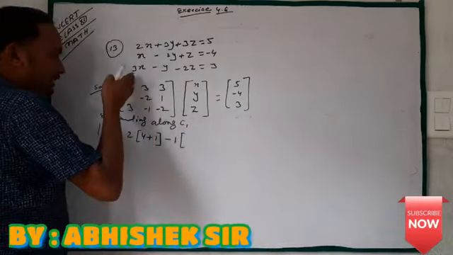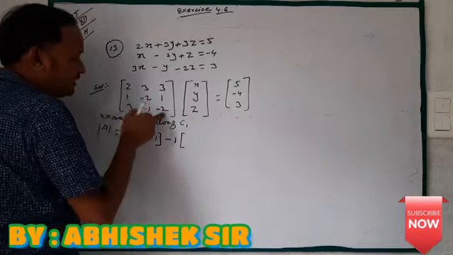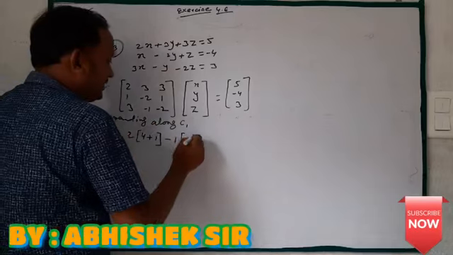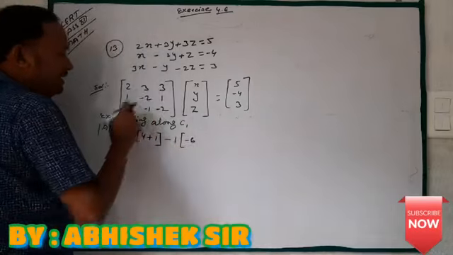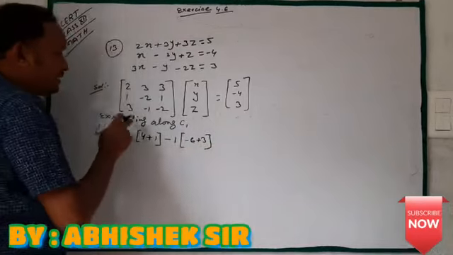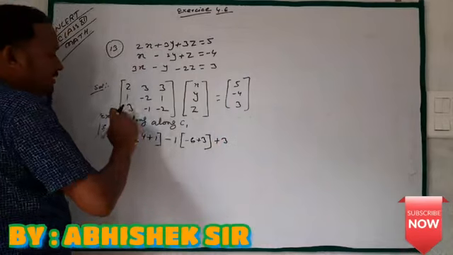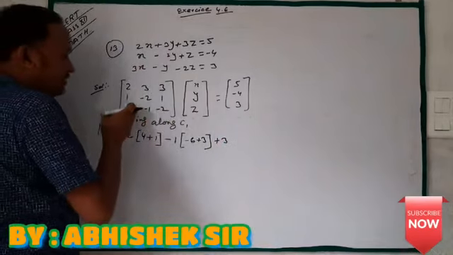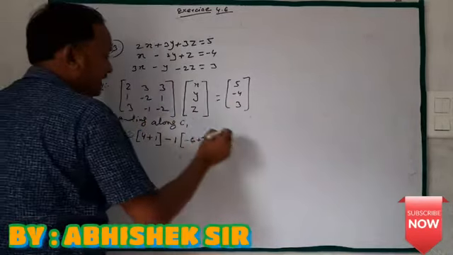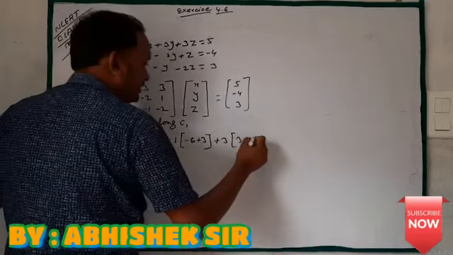Second row and first column. 3 times 2 is 6, minus 6, 3 times 1 is 3, minus 3, minus plus 3, 3. Third row and first column. 3 times 1 is 3, plus 3 times 2 is 6.